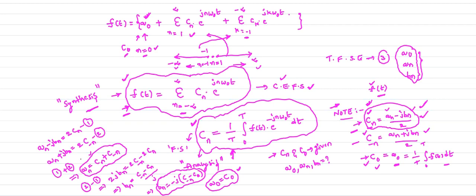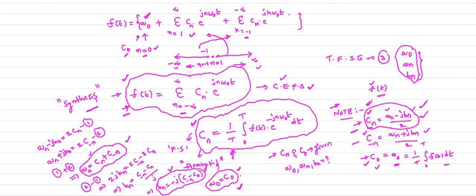In the second case, if Cn and C0 are given to you and you want to calculate the trigonometric Fourier series coefficients, you use these formulas for an, bn and a0.